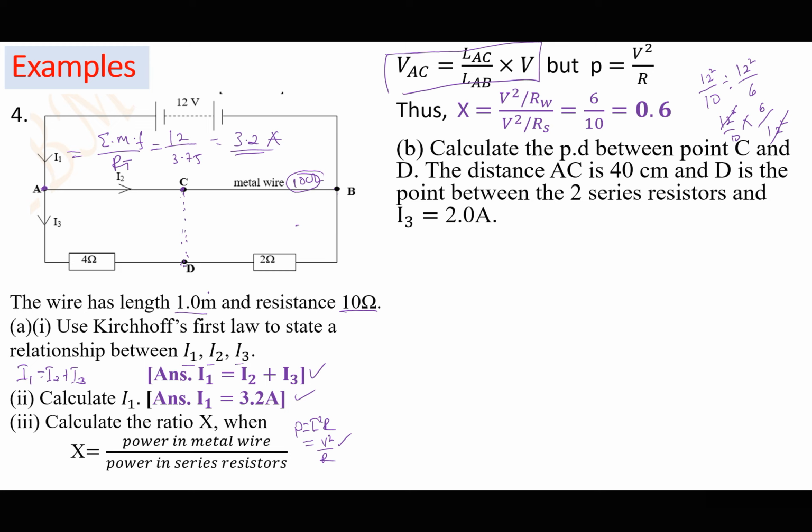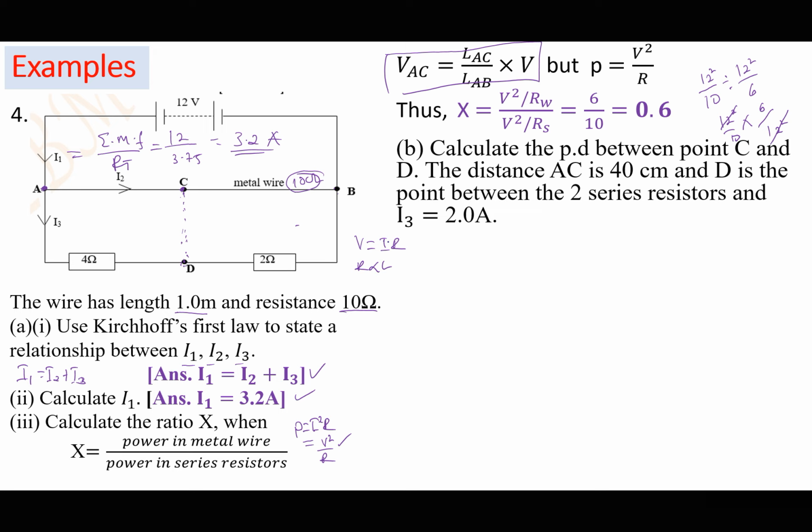Okay, so what is the PD across SC, which I'm going to call VSC? Of course, using the potential divider formula, remember PD is equal to the current times resistance, but resistance is directly proportional to length. So it means the PD is directly proportional to length.